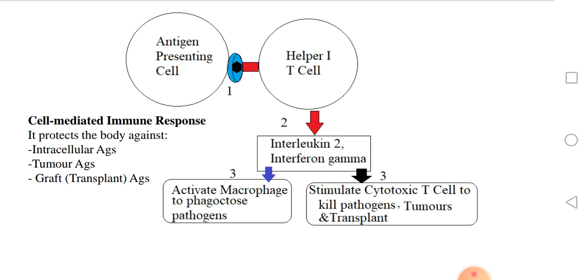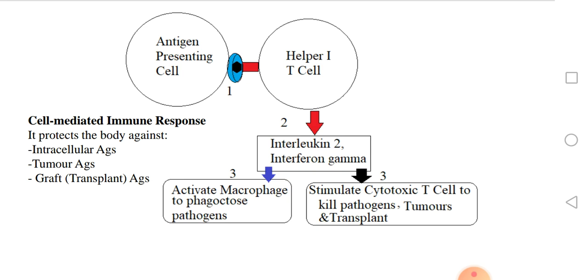Then the helper 1 T cell will come to detect the antigen fragments here, and then it becomes activated and proliferates into many cells. One group will be the memory cells, and the other group of cells, these cells are going to secrete cytokines. Examples of cytokines: interleukin 2 and interferon gamma, and there are other cytokines.